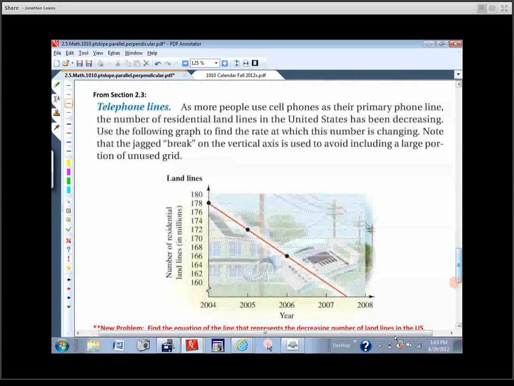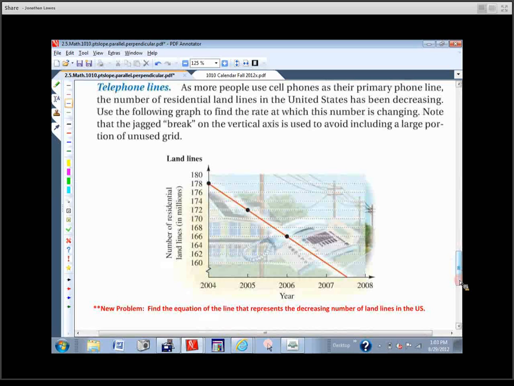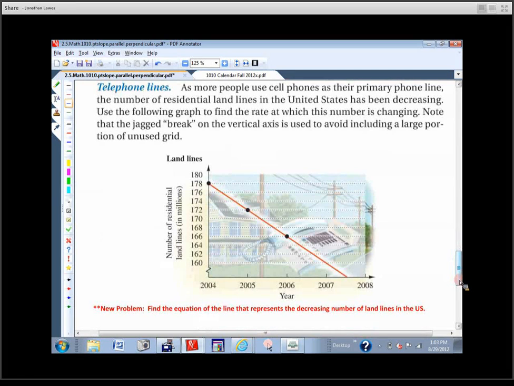Okay, let's take a look at this. This should look kind of familiar, but it's slightly different than the problem that we had last time. And the new part comes down at the bottom because we're now equipped to do this.